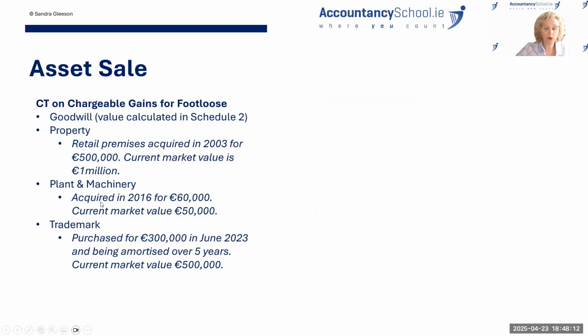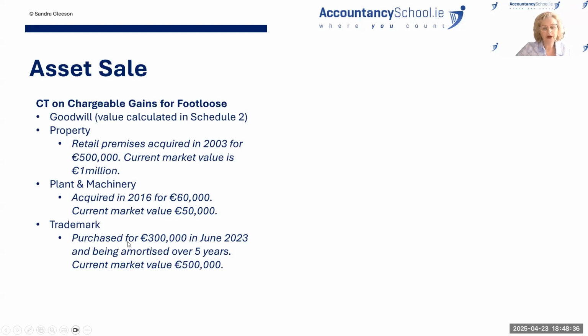Plant and machinery was acquired in 2016 for 60,000. It has a current market value of 50,000. So from a capital gains tax perspective or a corporation tax on chargeable gains, you could say that there is a capital loss. However, that loss is not allowable because capital allowances were given on the plant and machinery.